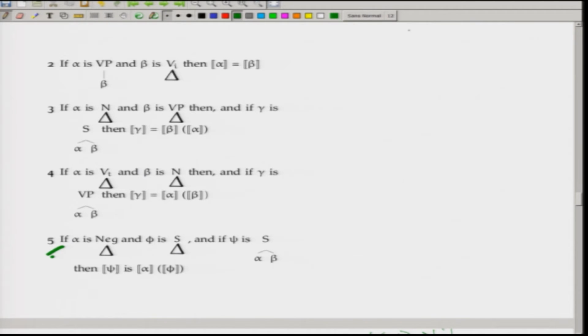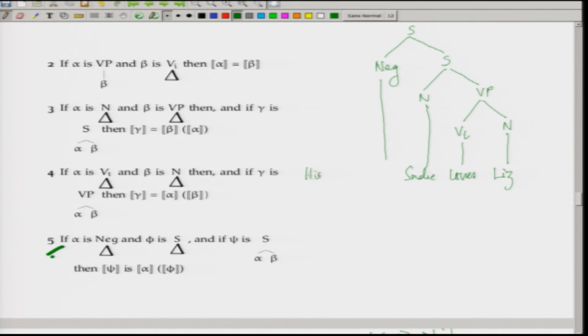The construction of that will be S goes to neg and S, and then S goes to once again N and VP, VP goes to VT and N, VT goes to loves, and N goes to Liz, this N goes to Sadat, and this neg goes to it is not the case, or it is not that, we are just abbreviating it.